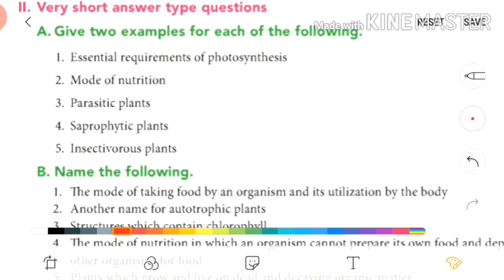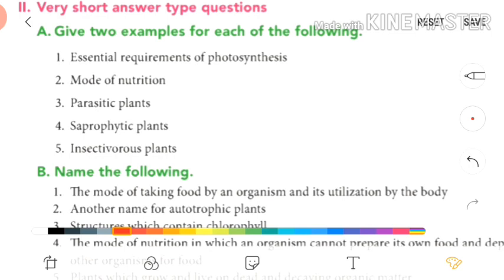Then third one, parasitic plants. So mistletoe and dodder plants are called the parasitic plants. Now fourth one, saprophytic plants.